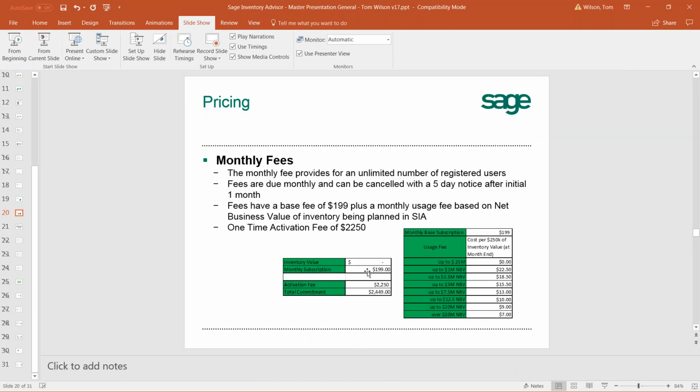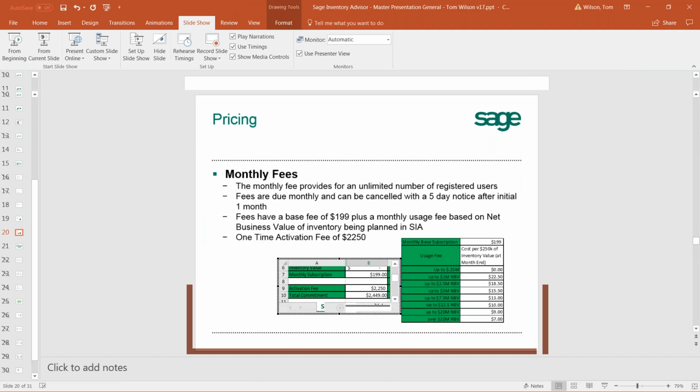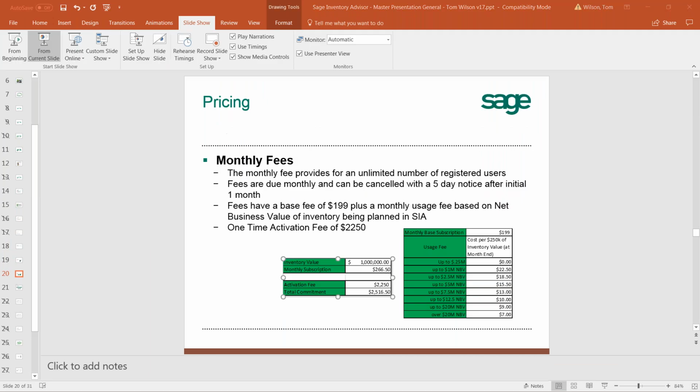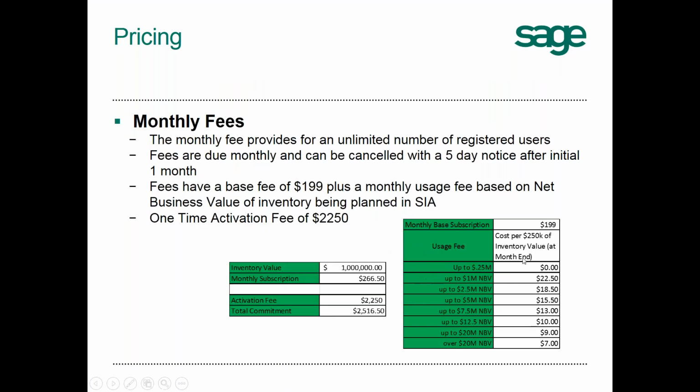Let's just say you had $1 million of inventory that you wanted to plan in Inventory Advisor. With $1 million of inventory, the base fee plus your rate of $22.50 for every $250,000 totals $266.50 a month.